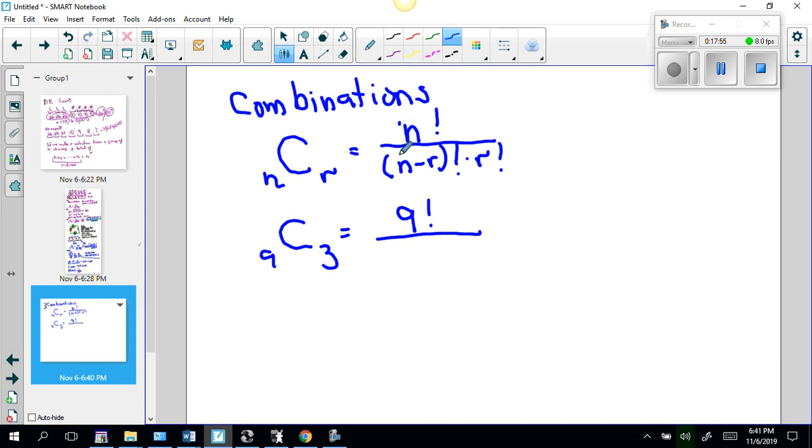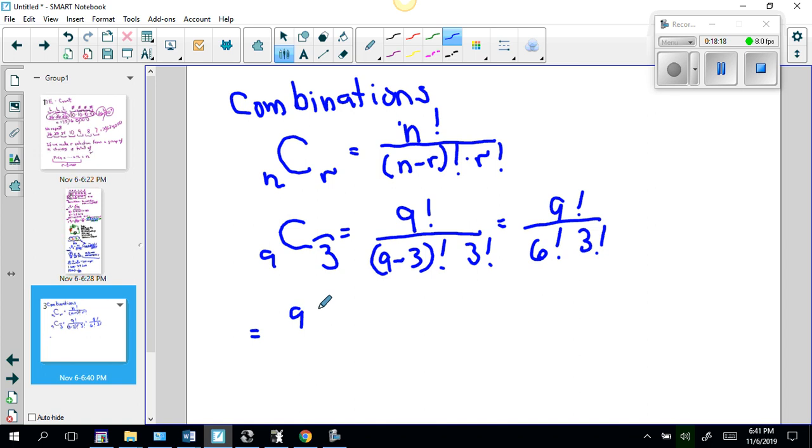9 factorial over 9 minus 3 factorial, and then you take that and you go 3 factorial. Now these are even more fun because 9 minus 3 is 6.